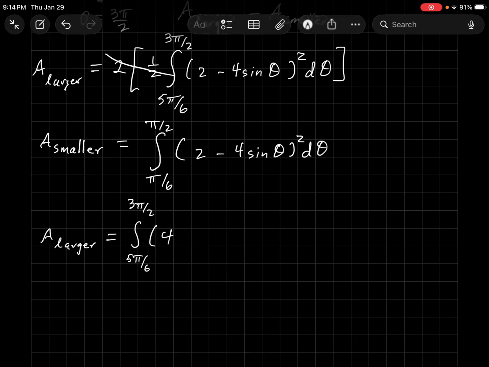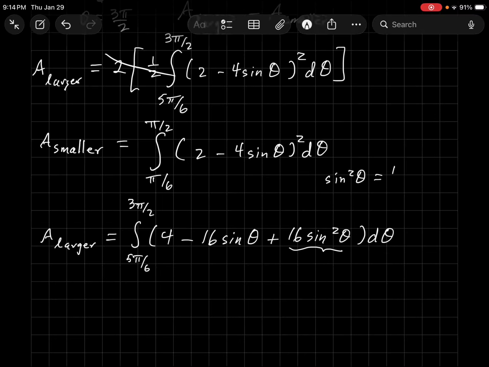So I have 2 squared minus 2 times 4 sine theta, but twice, and then plus 16 sine squared theta d theta. We need to rewrite this part. Recall that sine squared of theta is 1/2 minus 1/2 cosine 2 theta.